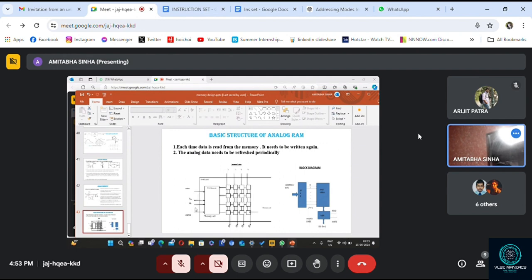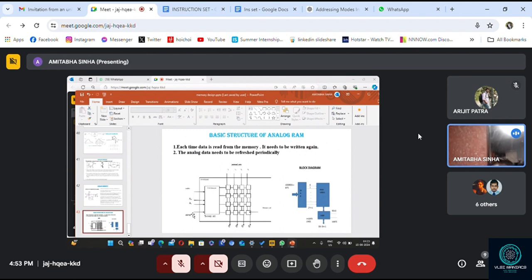Look here, I have shown a simple structure. There are 4 locations. For 4 locations, how many address lines will be required? 2 bits, so here A0 and A1. That means if it is 1024 locations, then 10 address lines will be there.